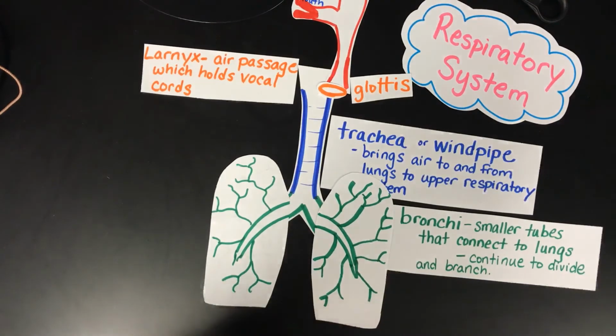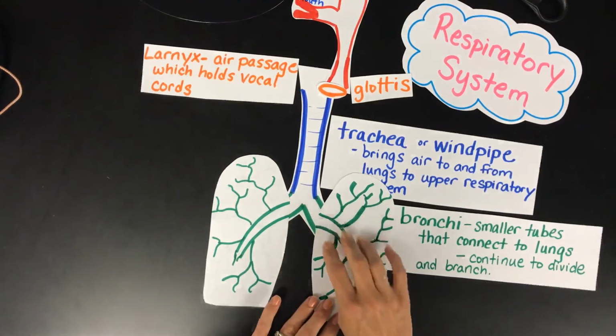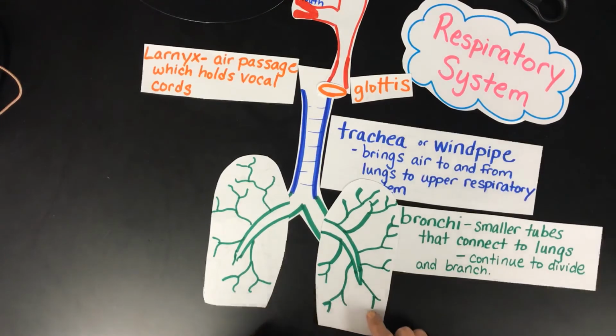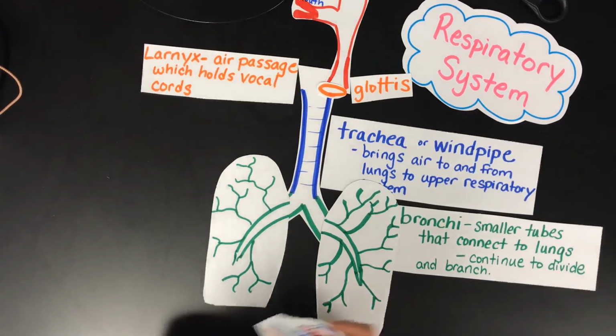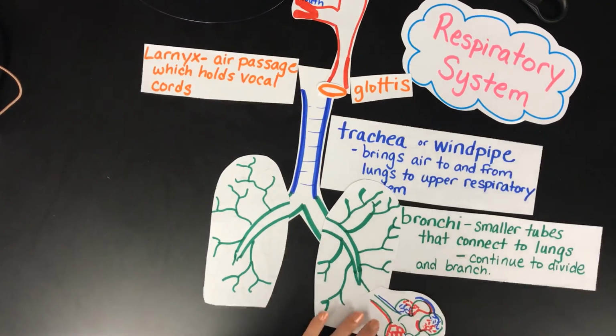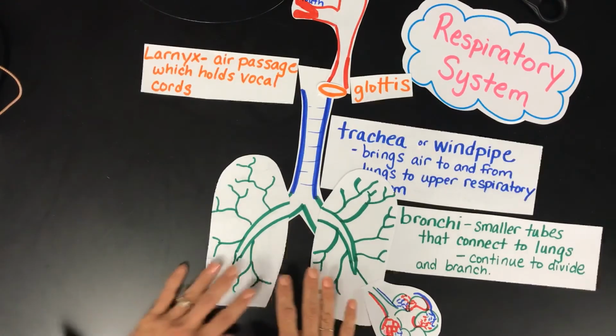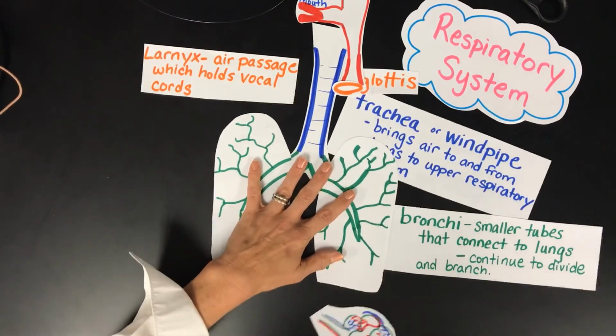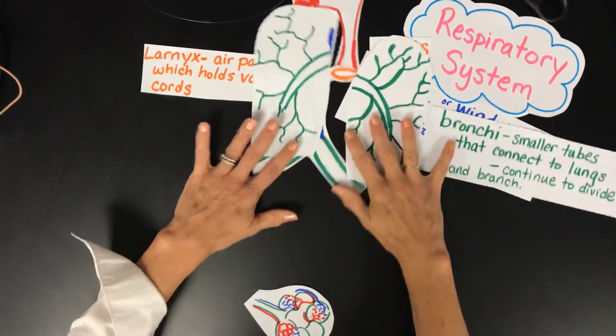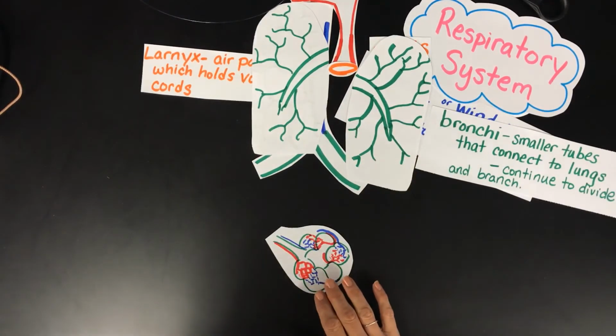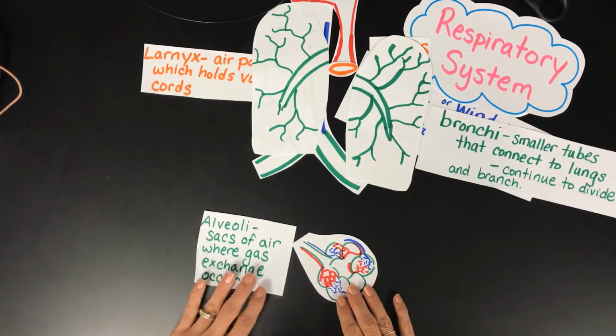At the very end of each little branching tube, if you zoomed way, way in, you would find something that looks like this. At the end of each tube is an alveoli.